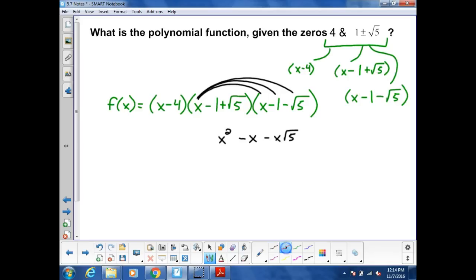Then I have to take the negative 1 and put it into all three. Minus x plus 1 plus the square root of 5. Correct?